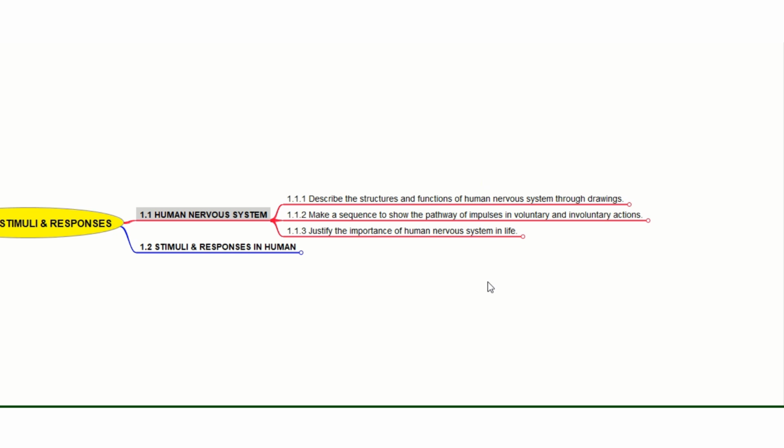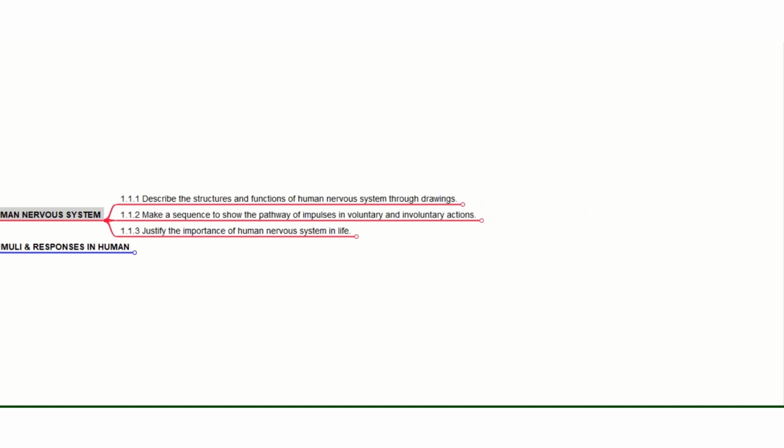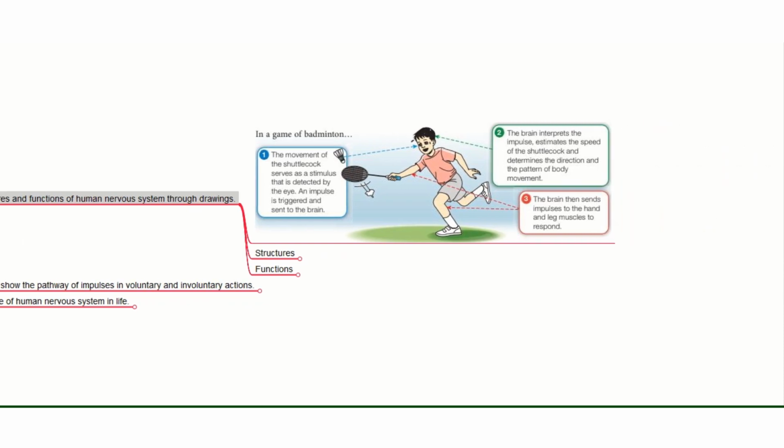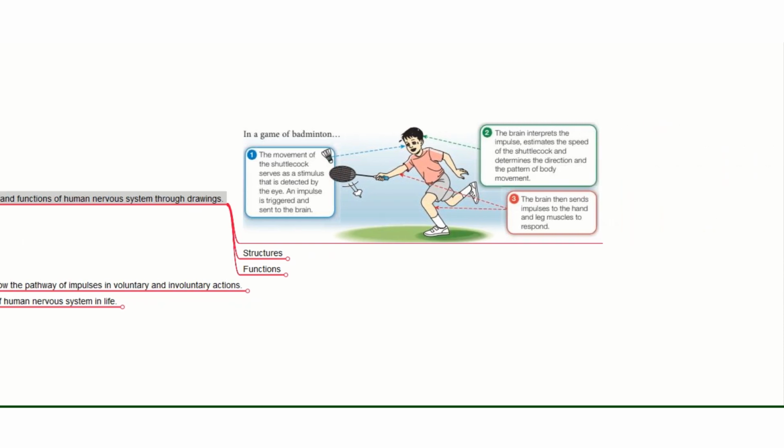Let's take a look at 1.1.1 first. Describe the structures and functions of human nervous system through drawings. Let's imagine, in a game of badminton, first, the movement of the shuttlecock serves as a stimulus that is detected by the eye.